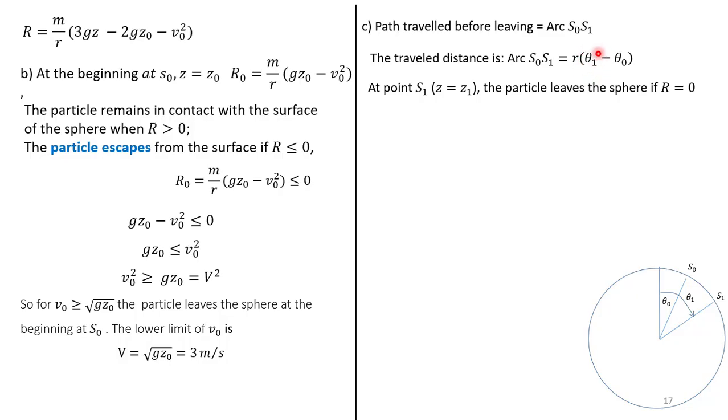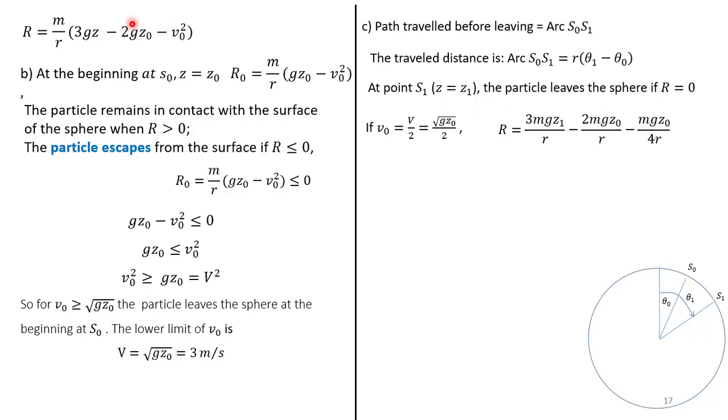So theta 1 corresponds to the position of the mass at S1. And at S1, since the particle leaves the sphere, R is equal to 0. This will give us that R is equal to 3 mgz1 over R minus 2 mgz0 over R minus m over R v0 squared, where v0 squared is equal to (v over 2) squared, and we already know that v is radical of gz0.